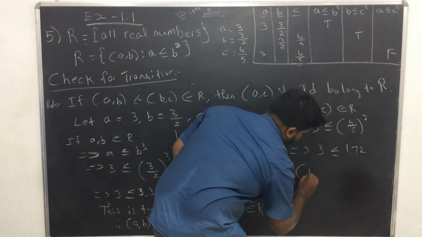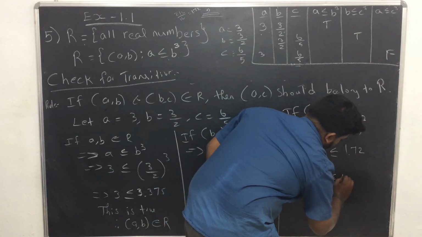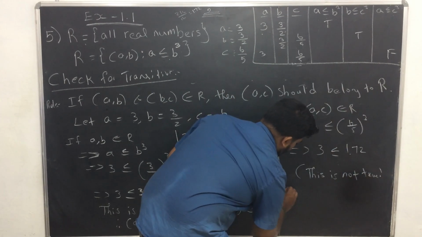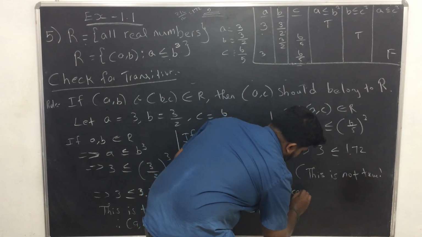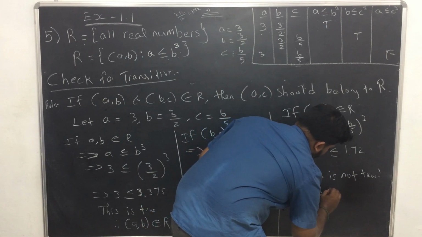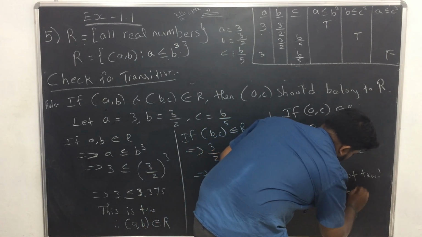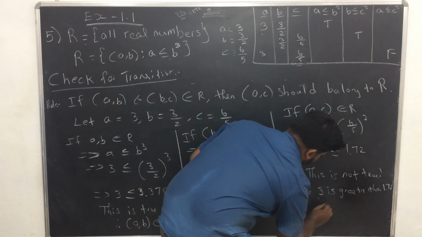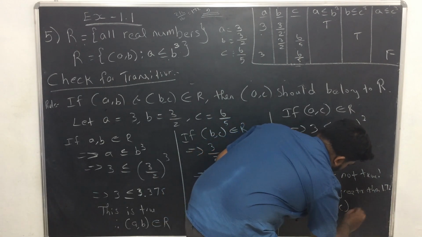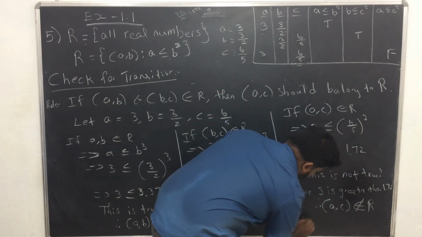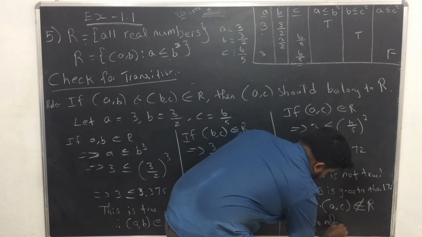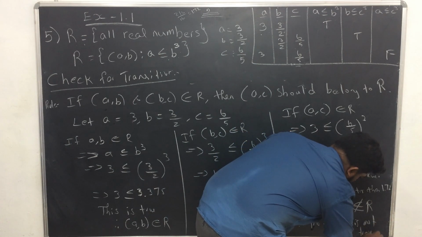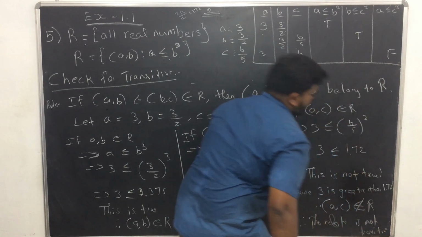But this is not true. 3 is not less than 1.72, because 3 is greater than 1.72. Therefore, A comma C does not belong to R. Therefore, the relation is not transitive. The relation is not transitive.